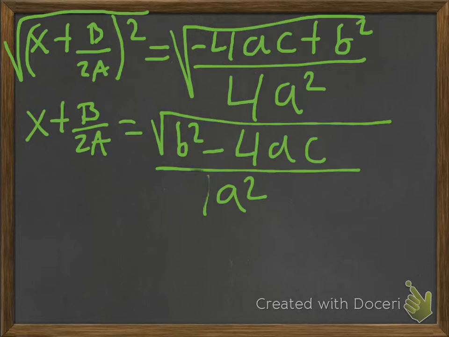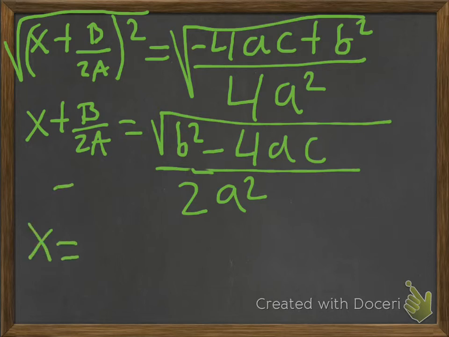And the square root of 4 is just 2, right? So 2a.